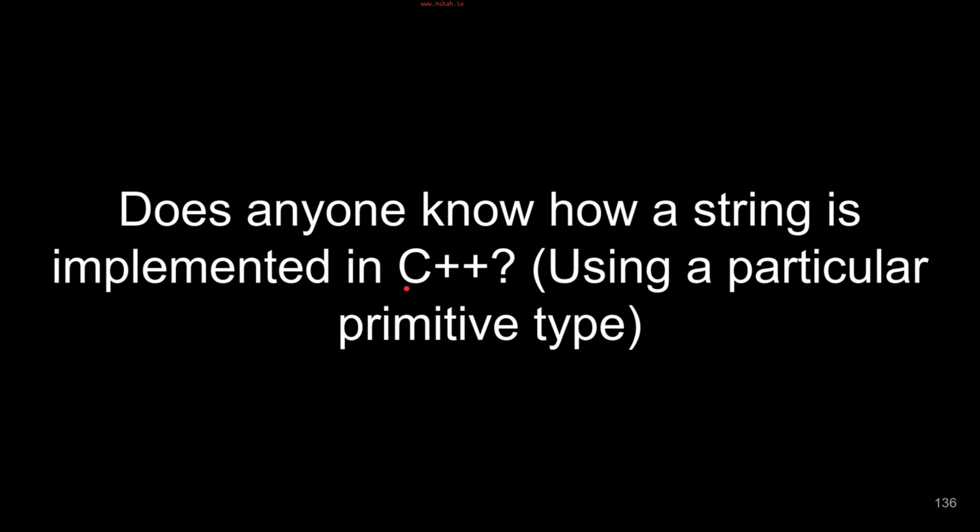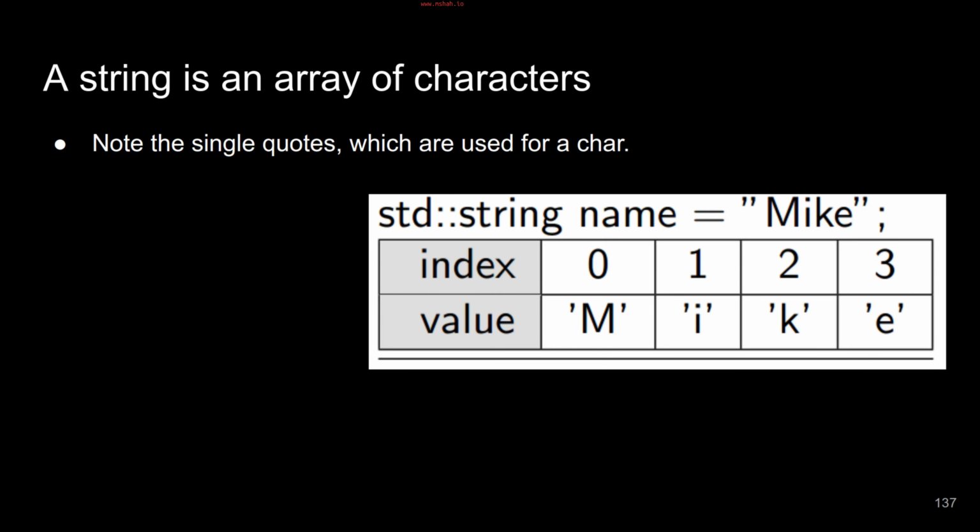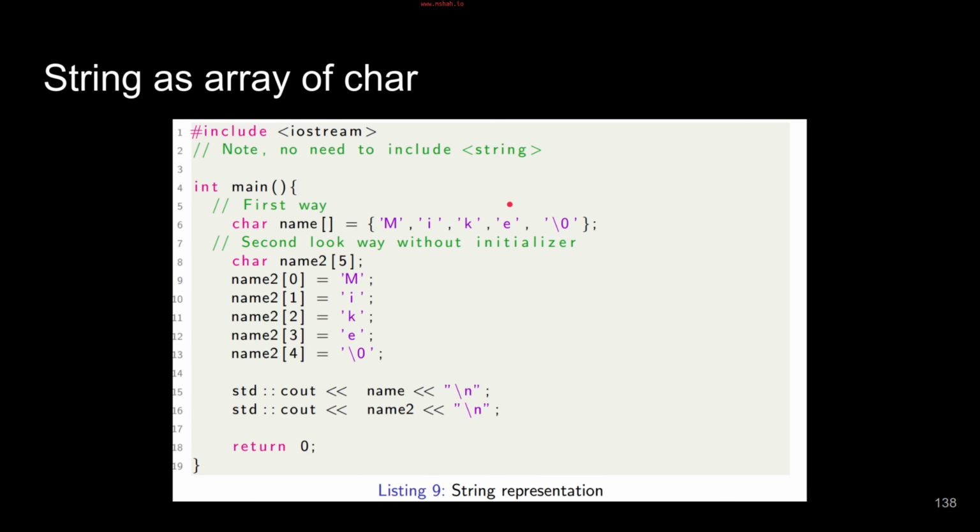C++ doesn't have a built-in string type. In C, you build strings from character arrays, which is the answer to this question here. So a string is just an array of characters. That is true in C++, but we do have a data type in the standard library, std::string, which we can use to store strings of information if we want. Here are some examples of strings, and they're treated as arrays of characters in C++.